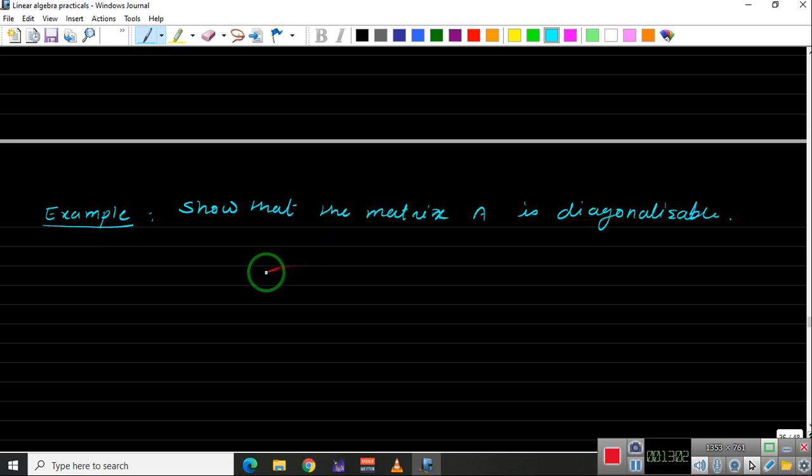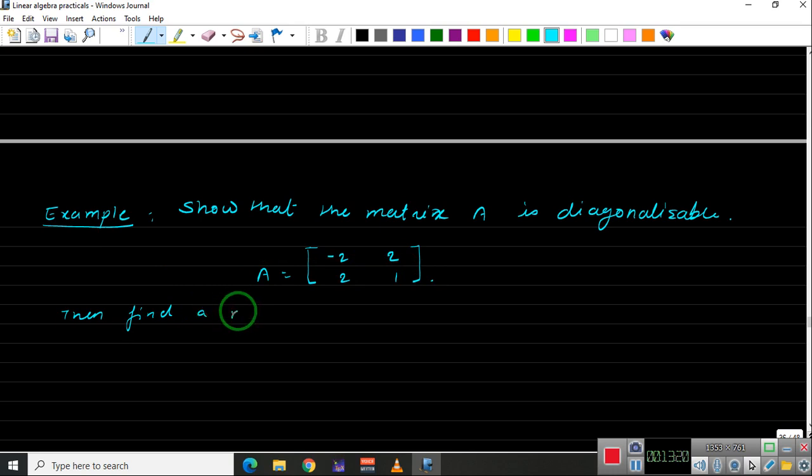Let me write the matrix A. Let us take a 2 by 2 matrix for simplicity. So A is equal to minus 2, 2, 2, 1.